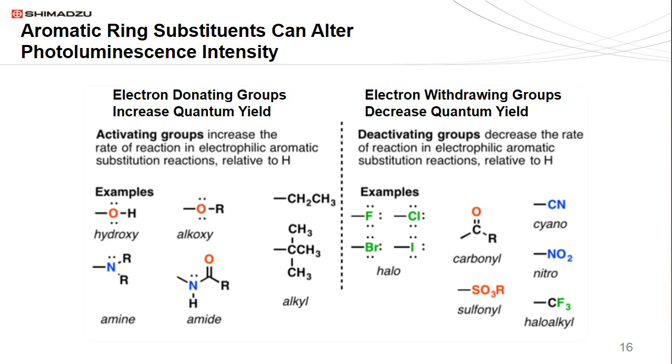Things like carbonyl, nitro, cyano, and as we discussed before, halogens all decrease fluorescence quantum yield if added to a ring system. However, electron donating groups that pump electrons into the ring system and are activating groups like hydroxyl, amine, amide, alkyl, these will increase the fluorescence of the ring system.